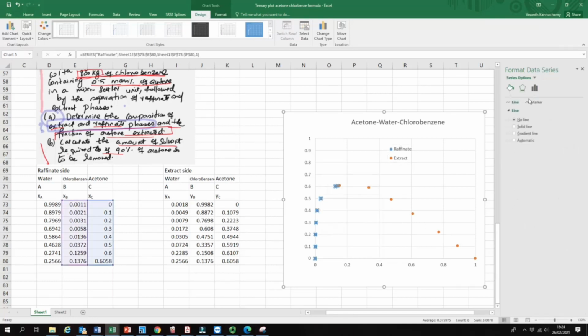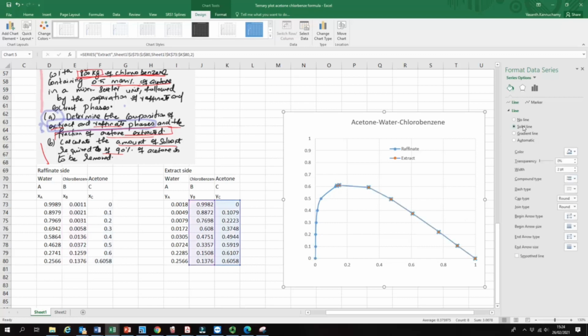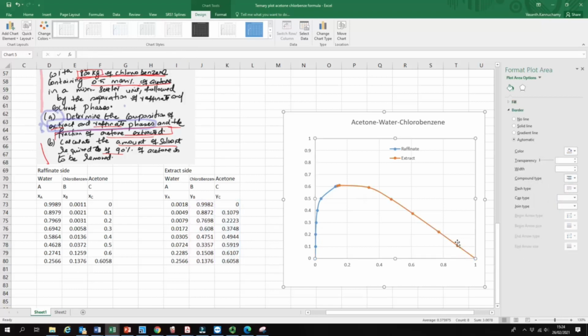We can add a line to make it look better, a solid smooth line. So we have one extract arm, and then you have our raffinate arm on the left-hand side. I hope you all can follow this one.